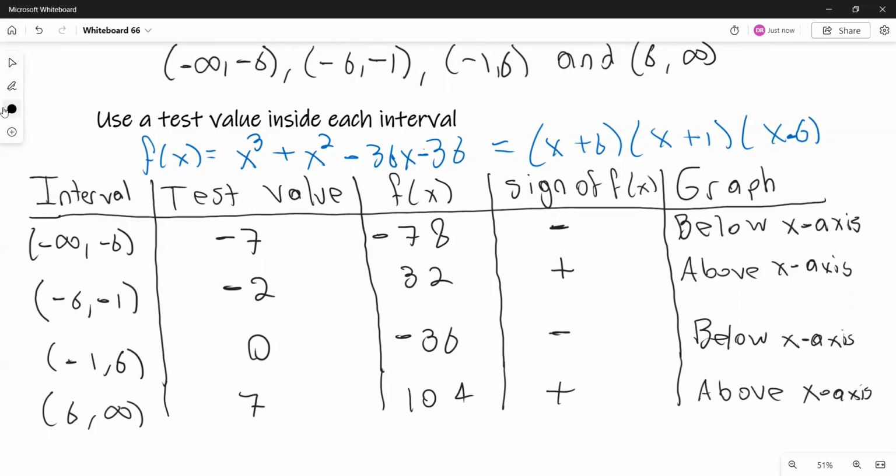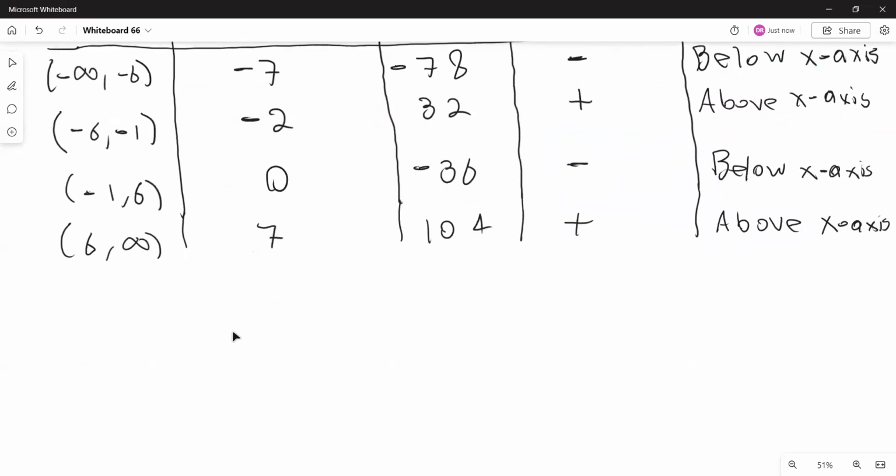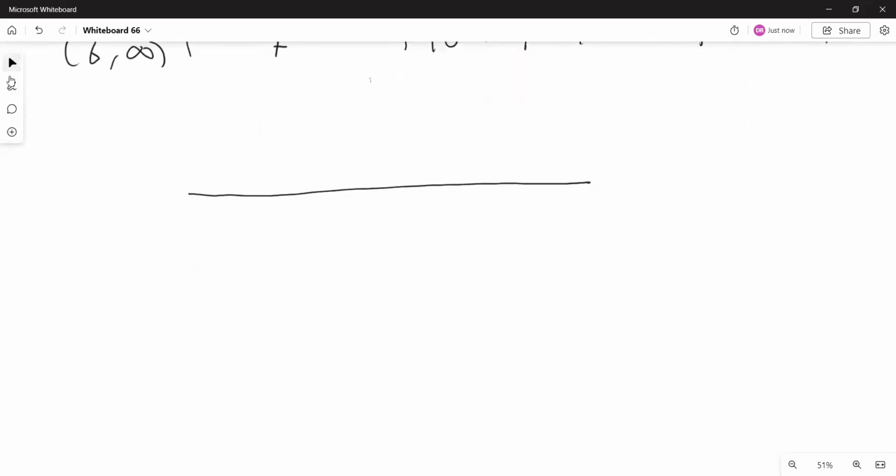Okay, so now we can draw the graph. We know the signs. I won't be very precise, the scale is not going to be the best one because the y-intercept is (0, -36).